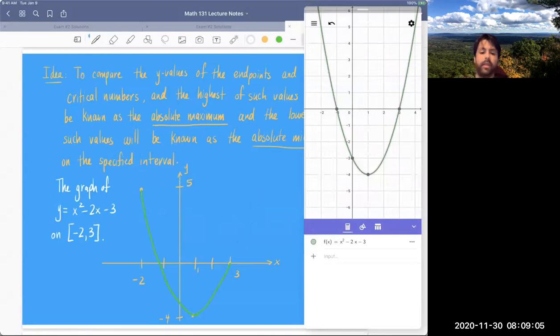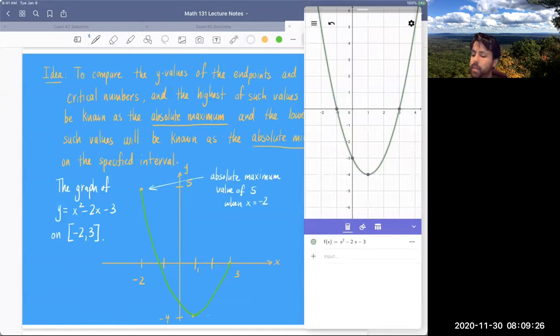That's what this graph is. And then what's the maximum? Well, this is the maximum here. This is the absolute maximum of 5 when x equals -2.